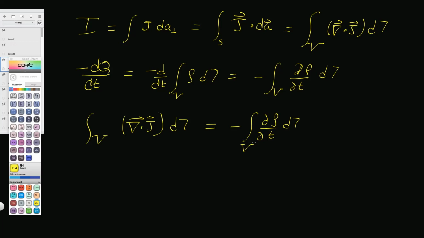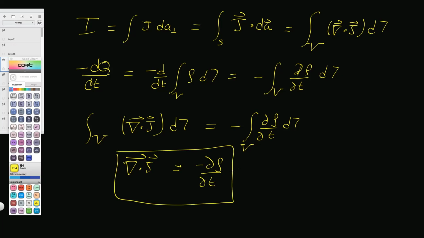Okay, and so now that you have two integrals integrating over the same thing, volume, I can write down del dot J is equal to negative partial of the charge density with time. Okay, so this is called local charge conservation.